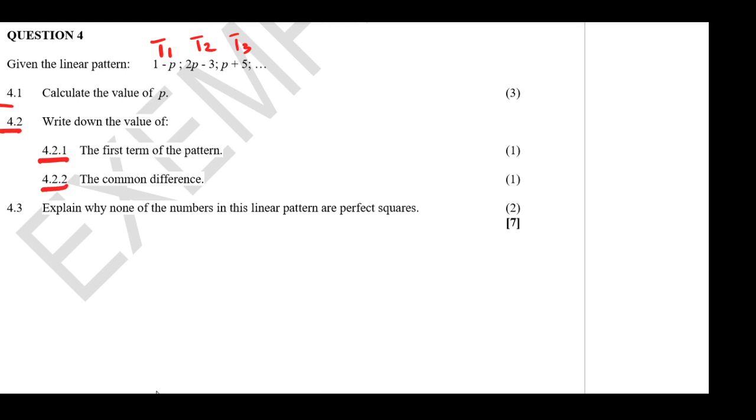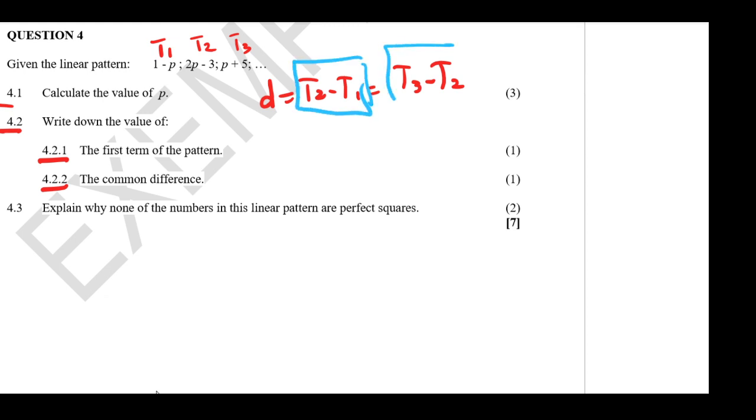So 4.2.2, the common difference. Remember the common difference? I said d is equal to t2 minus t1, which is equal to t3 minus t2. You can take this part here, or you can take this part here, it's up to you. So the common difference d is equal to term number 2, which is 2p minus 3, in brackets, minus term number 1, which is 1 minus p.